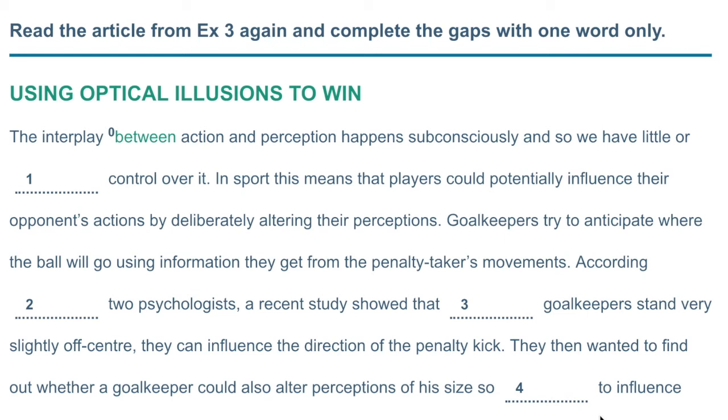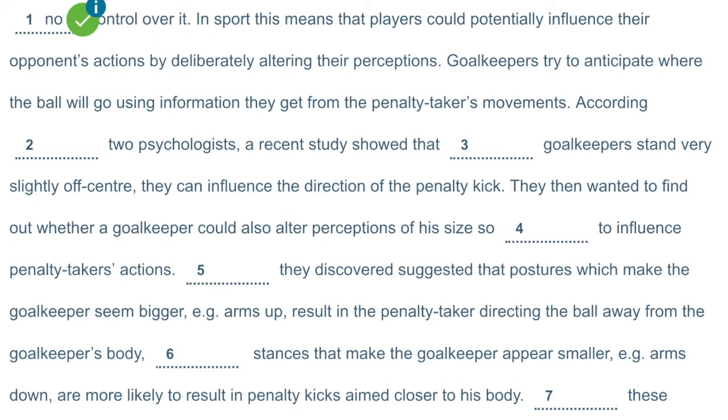So let's see. Using optical illusions to win. The interplay between action and perception happens subconsciously, and so we have little or no control over it. In sports, this means that players could potentially influence their opponent's actions by deliberately altering their perceptions.